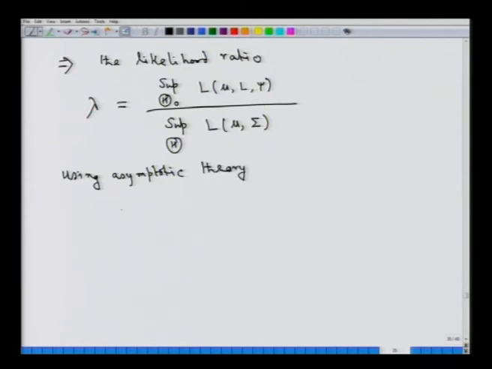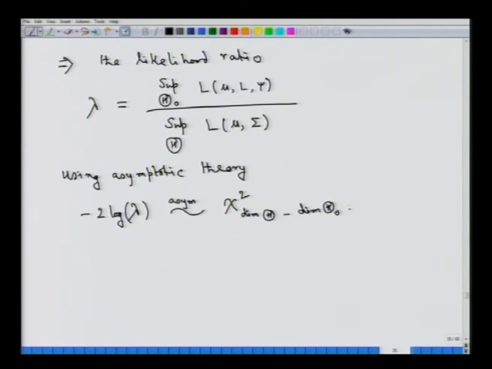Using asymptotic theory, we know that minus 2 log lambda follows asymptotically a central chi-square with degrees of freedom equal to the dimension of script theta minus the dimension of script theta naught.